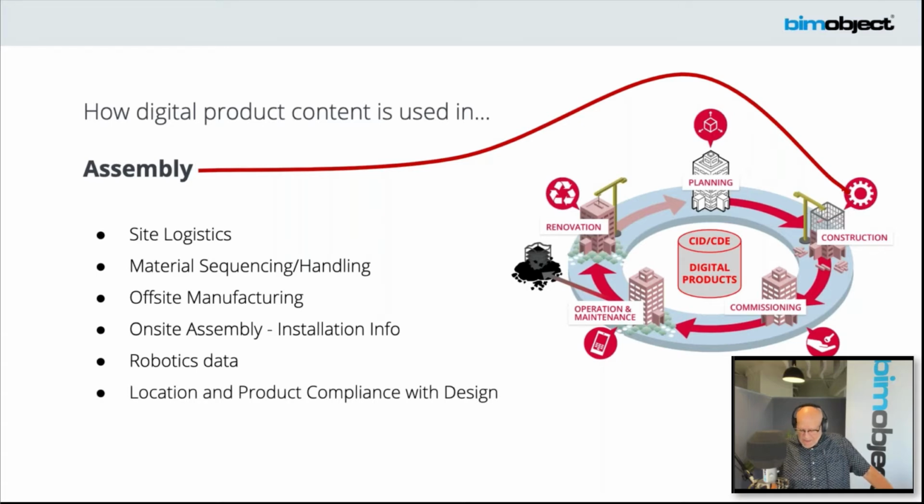Another big one that I've only seen, and I think it's going to be a huge factor as we go down the road, is location and product compliance with design. I didn't know how else to word it because I didn't want to confuse it with anything that's currently being done, but the concept here is that if we have an electrical fixture installer on site, he's logged into his system with his smartphone, he simply could scan a barcode on that fixture as it's placed.